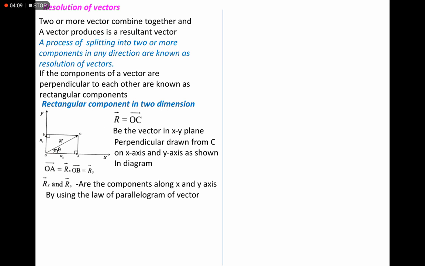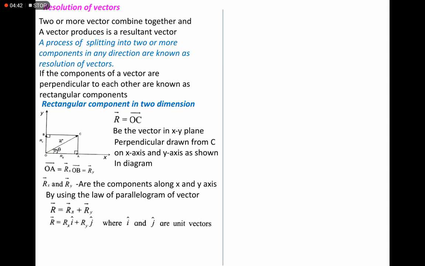By using the law of parallelogram of vectors, we'll write resultant vector R bar is equal to Rx bar plus Ry bar. By using unit vectors, we'll write R bar equals Rx i bar plus Ry j bar. Rx and Ry are the components of R bar along the x-axis and y-axis.